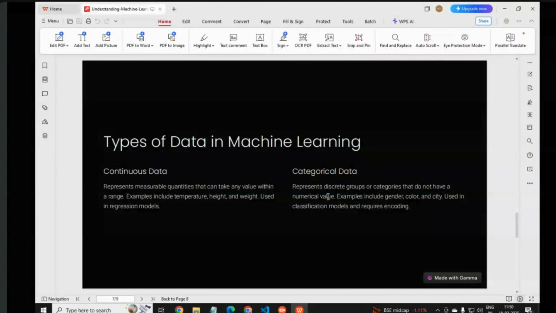It cannot be measured, only classified. We classify these things, but we are not able to measure them. It can be encoded into numbers.